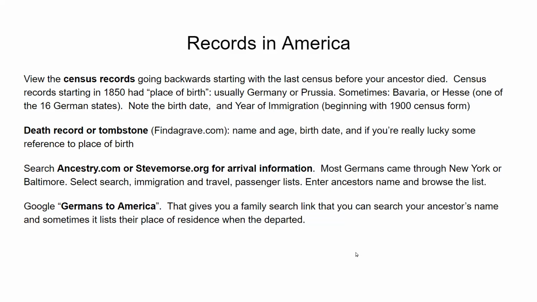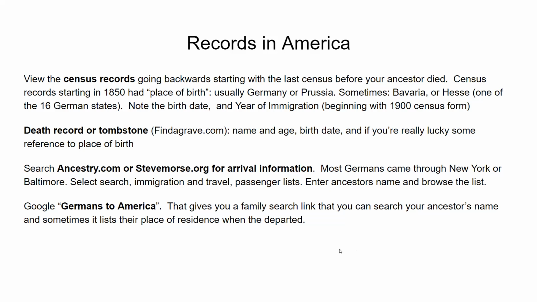And starting in 1850, of course, the census records started showing the place of birth. And typically you would see things on there like Germany or Prussia, sometimes Bavaria or Hesse, one of the German states. So it really varies depending upon where they came from.